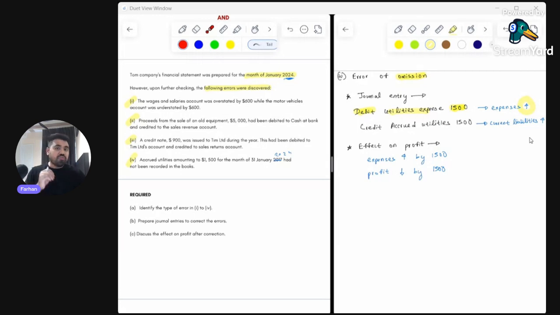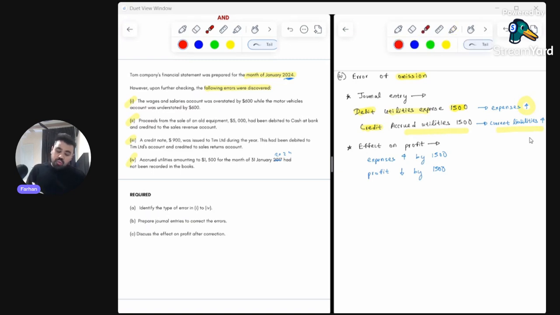The question clearly specifies that this is accrued and this hasn't been paid yet using cash, all right? So accrued utilities expense is a current liability simply because it's a present obligation and we have to take care of it very soon. So when liabilities increase, we end up crediting them. So we are crediting the account for accrued utilities by $1,500, which is basically reflecting the fact that current liabilities are increasing in value.